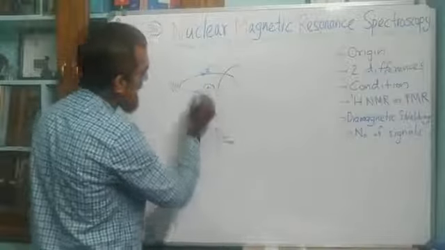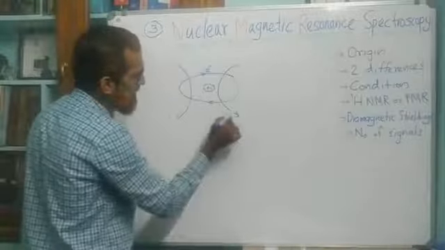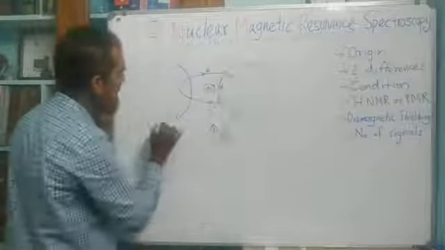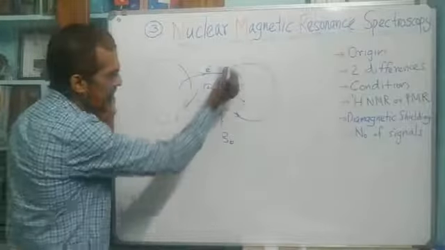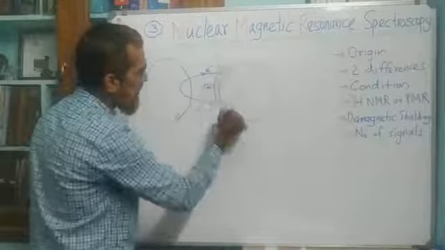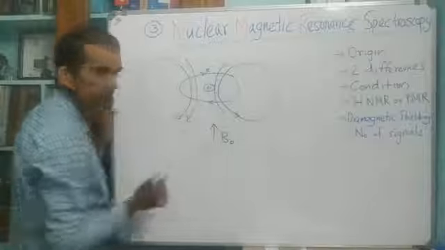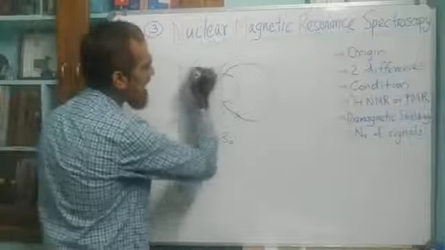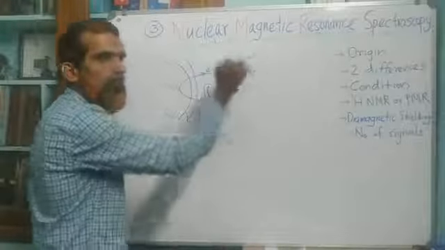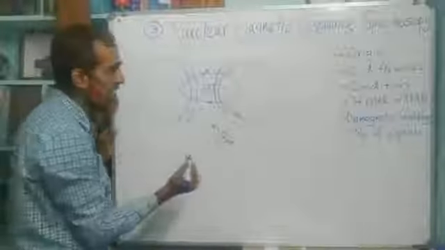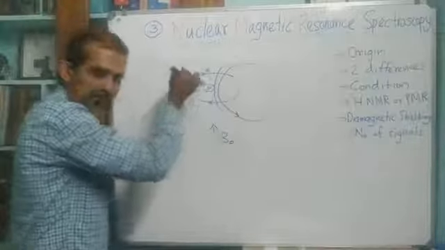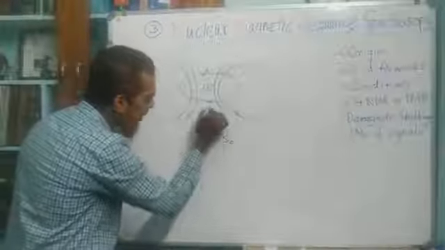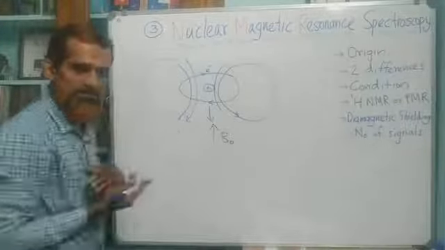These are the magnetic flux lines of the two poles. So the electrons revolving around the nucleus will generate a secondary field, which is generally opposite to the applied field.